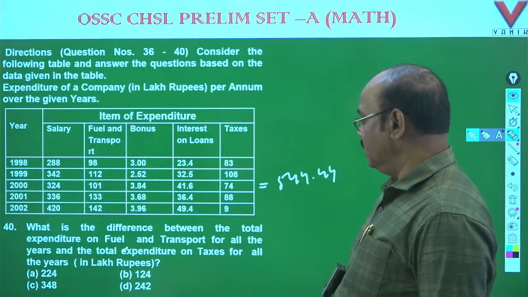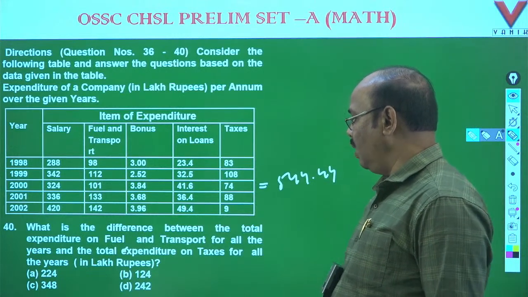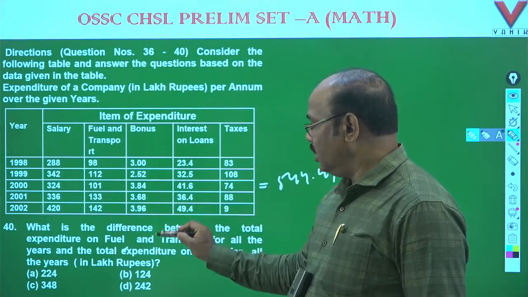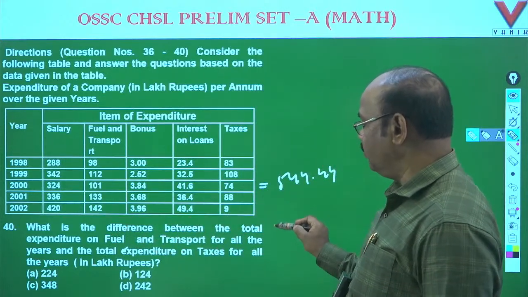What is the difference between the total expenditure on fuel and transport of all the years and the total expenditure on taxes for all the years?